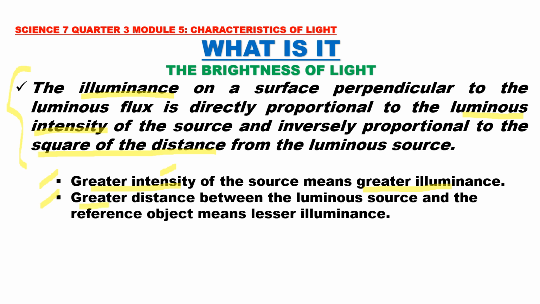Next, number 2, greater distance between the luminous source and the reference object means lesser illuminance. The farther the distance between our light source and our reference object, the lesser the illuminance, or the weaker the light.